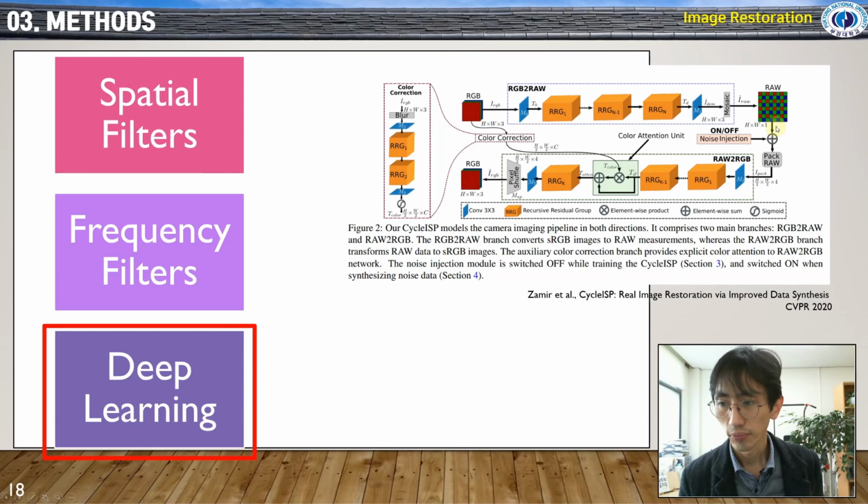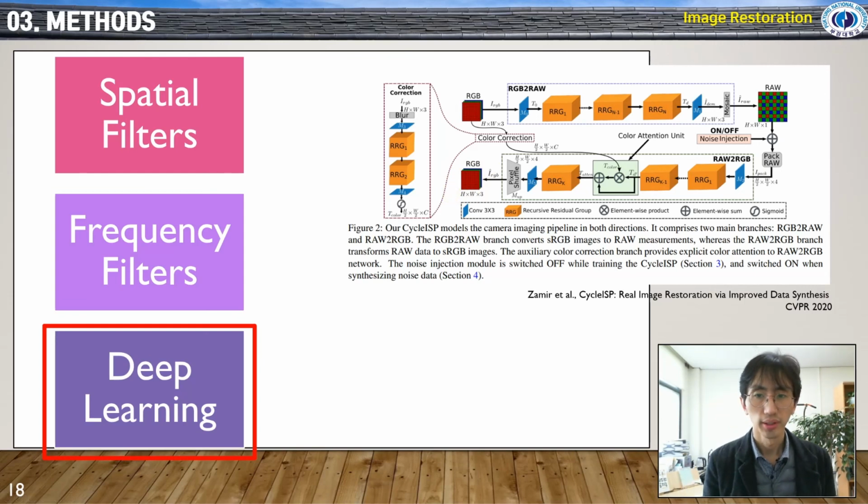Then here is the generation network. This generation network gets the feature matrix, then it generates the original image. That is how it works.